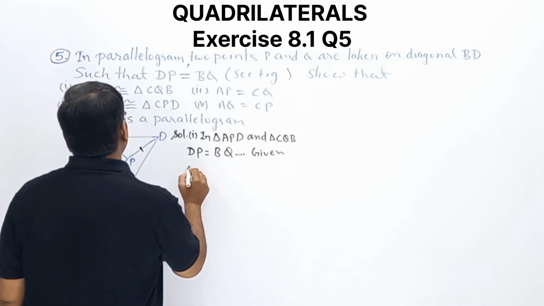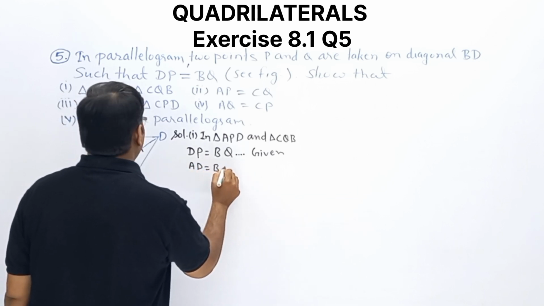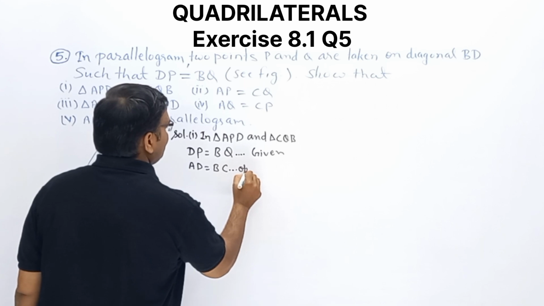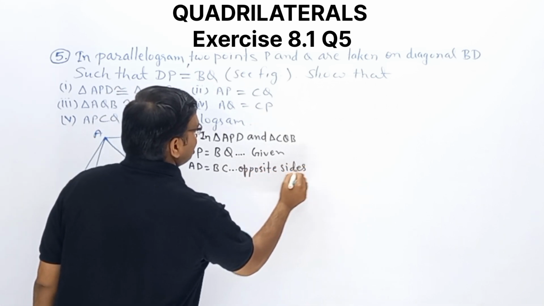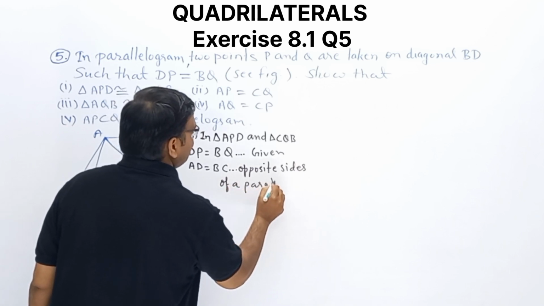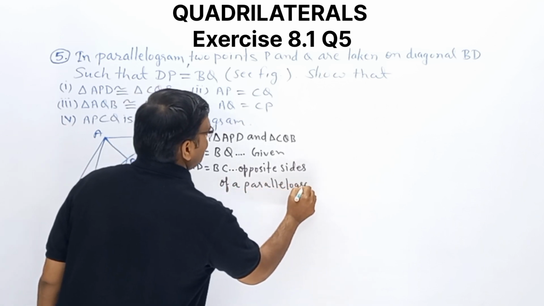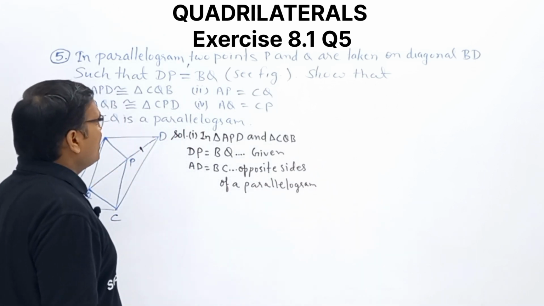So we can say AD equal to BC. Opposite sides of a parallelogram are equal.